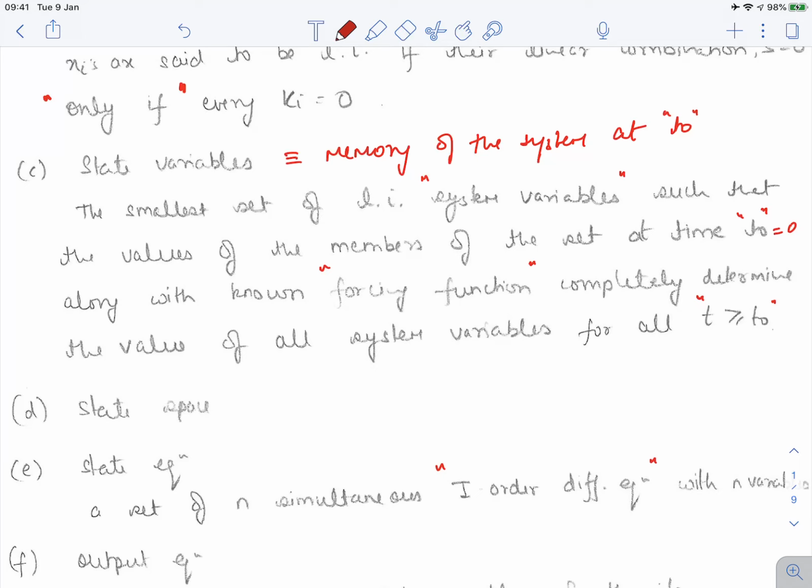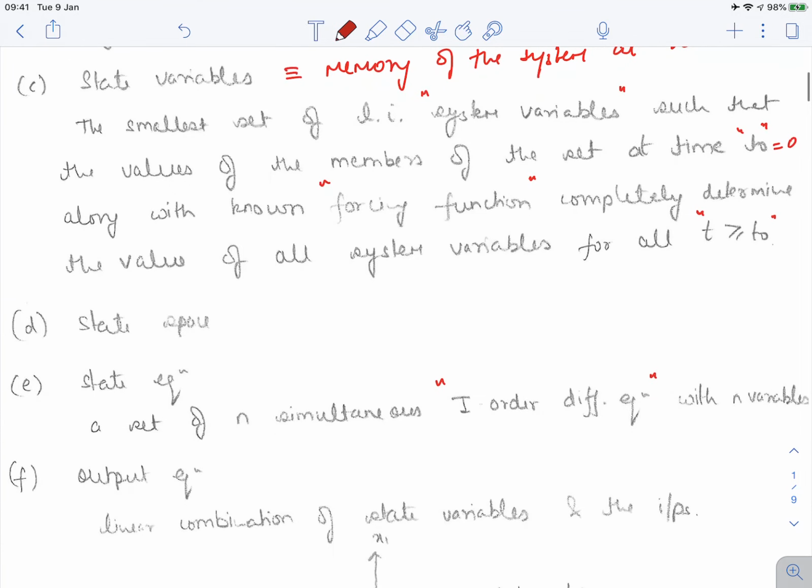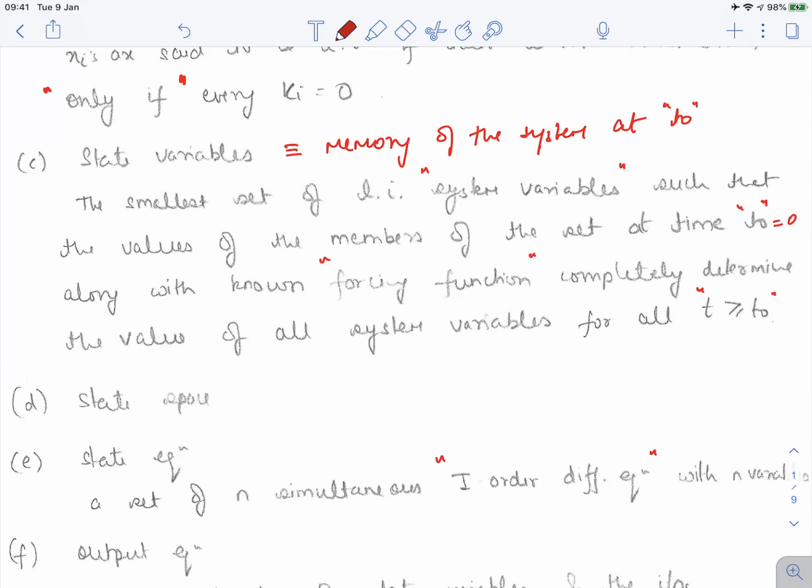So yes, I will come to the physical significance. The physical significance of the state variables is, like I said, that it captures the memory of the system.